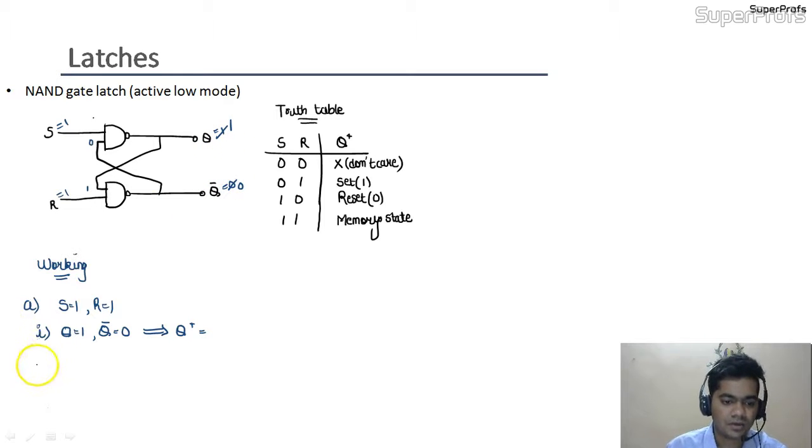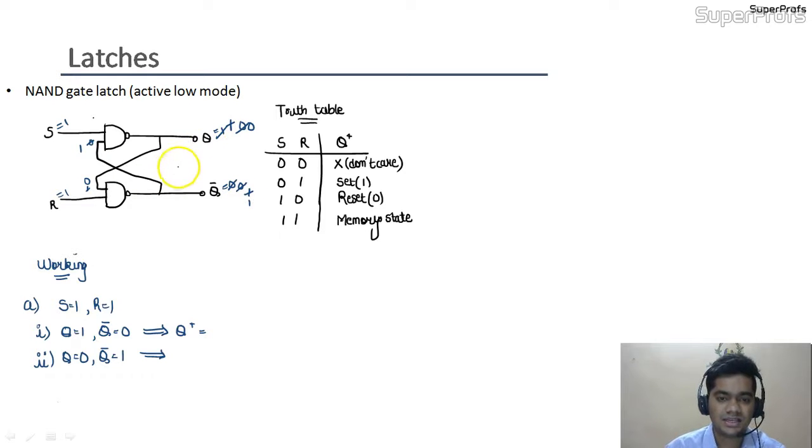Now take the second condition, that is if Q was 0 and Q bar was 1. We are interchanging the values. So when inputs 1 and 1 are given to this, it would lead to 0, and for 1 and 0 the output would be 1.